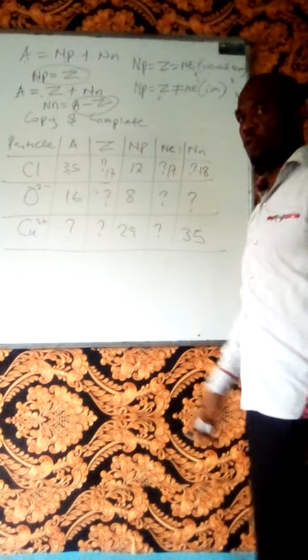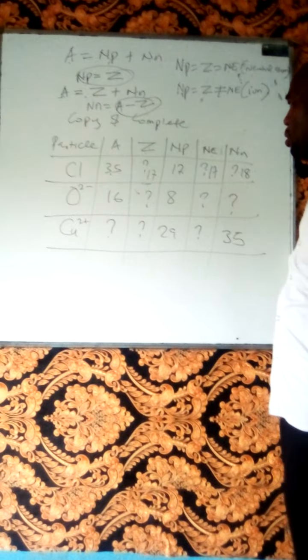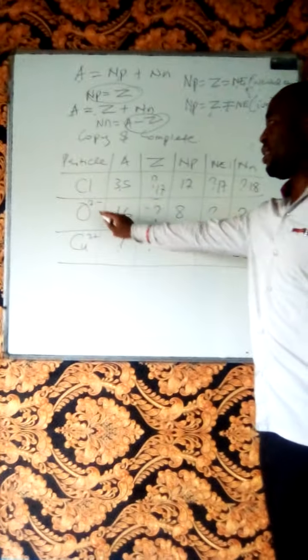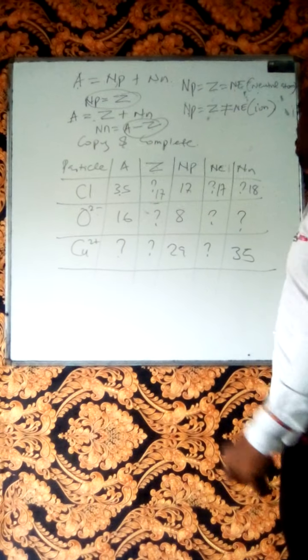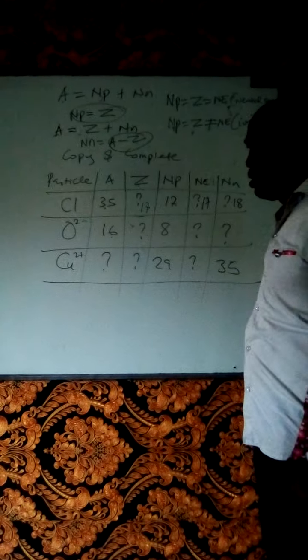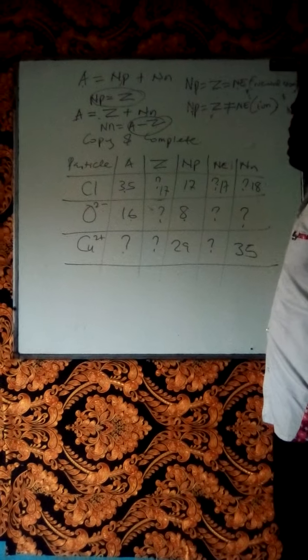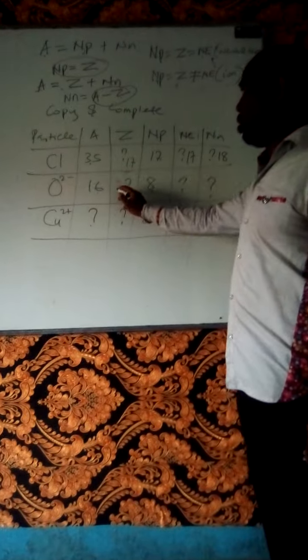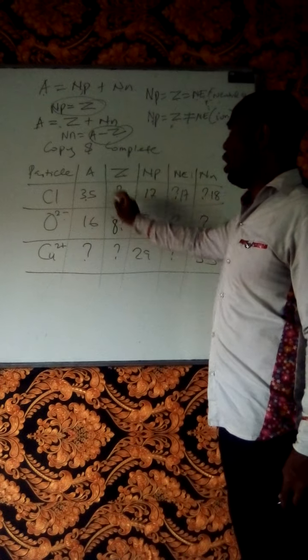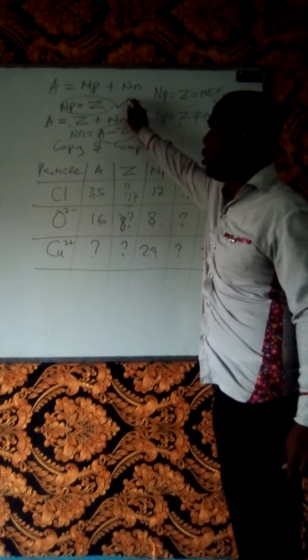If I go to oxygen, this is the oxide ion. It has a negative charge. We were given the mass number 16 and the atomic number 8. The number of protons is 8, because atomic number and protons are always equal.